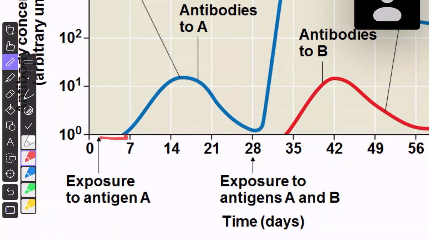Now, once we've learned and we've trained, our B cells are going to clone themselves, and they're going to make both effector cells and memory cells. The effector cells are going to do what?